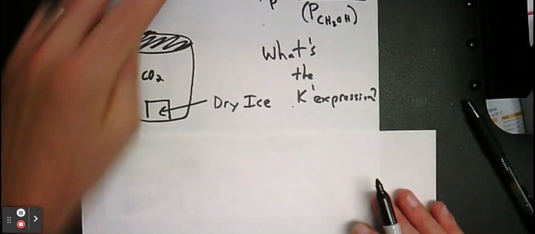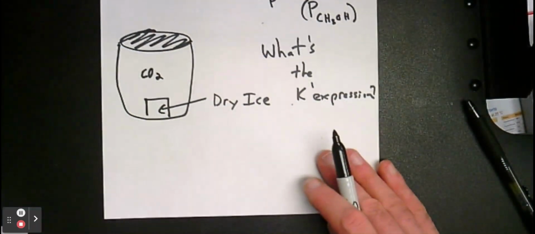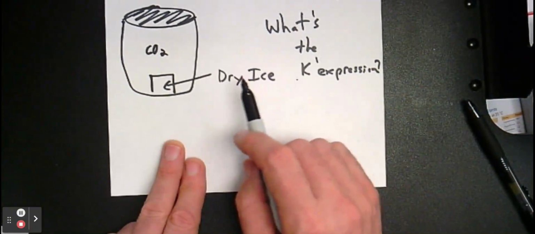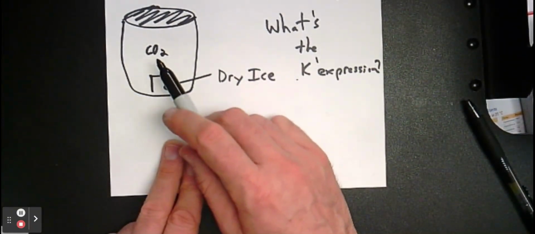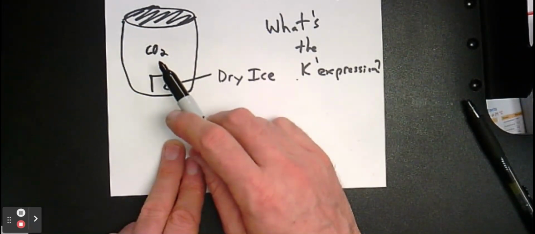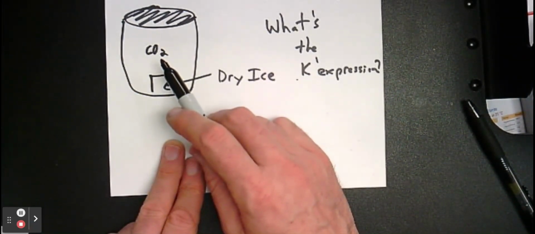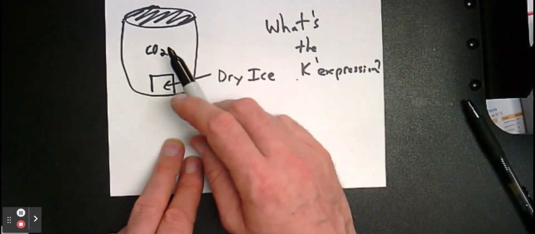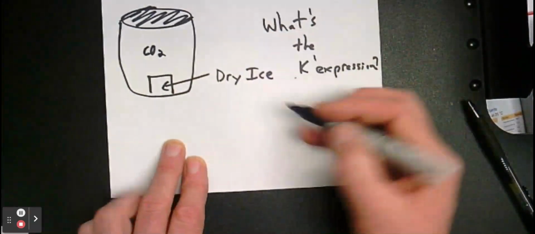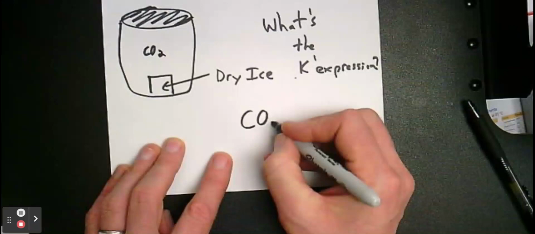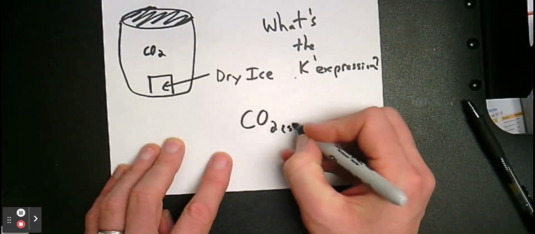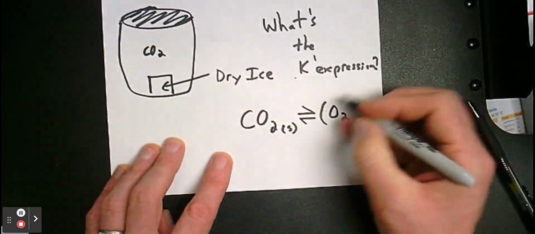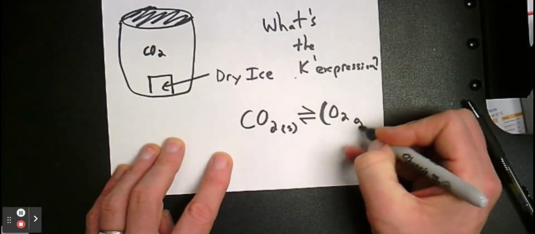Here's another example. What if I had this experiment going on? What's the K expression? I've got dry ice and carbon dioxide gas in a sealed container. So it'd be CO2 solid in equilibrium with CO2 gas.